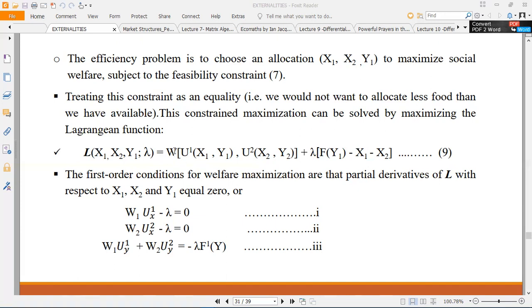When you differentiate W with respect to U2, you get your W2, then with respect to Y, you get your U2Y. So this is equal to, when you come to the constraint, minus lambda F prime Y. These are the 3 equations that we have from the first order derivatives.